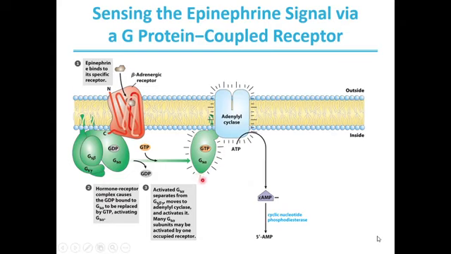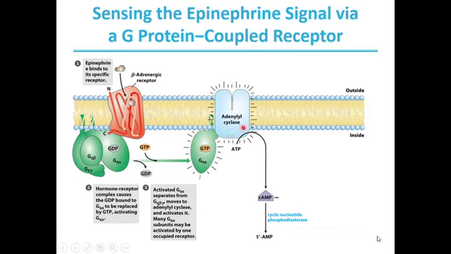Now, once it is activated, GS alpha separates from the GS beta gamma complex. And remember, this GS beta gamma alpha is what the G protein complex is. Once GS alpha dissociates from GS beta gamma, it moves to adenylyl cyclase and activates it.